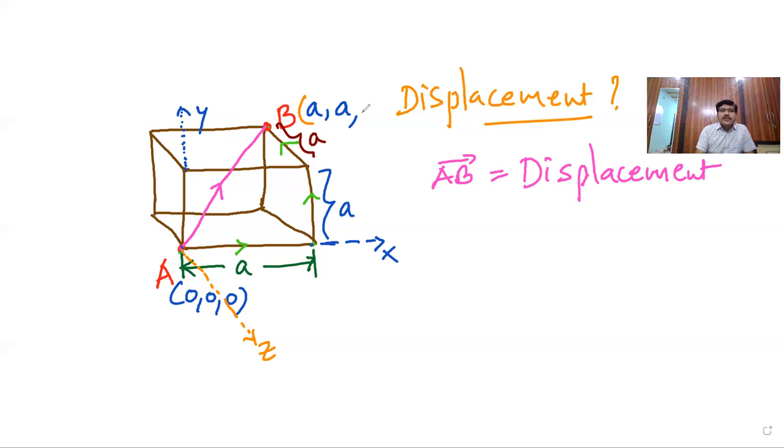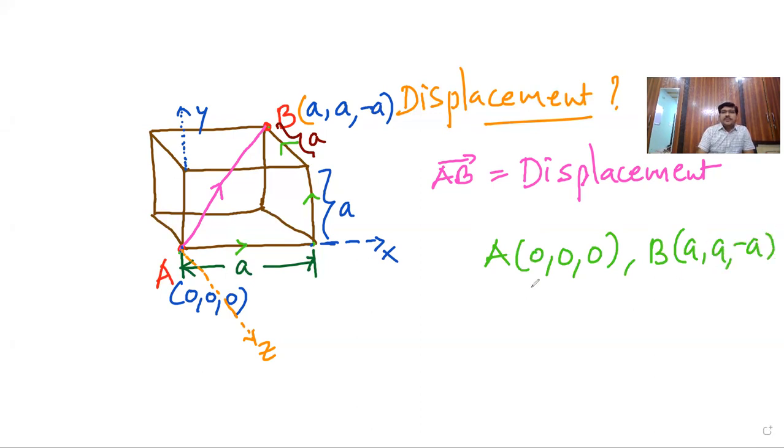So the coordinate of Z is minus. Here I put up all the coordinates. So the A coordinate is 0, 0, 0. The B coordinate is a, a, minus a.